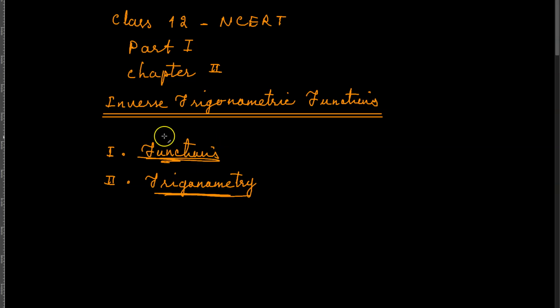Now, if you don't have a good understanding of functions, I showed you the playlist on YouTube. You can go there and watch those videos. You have no problem there. If it is necessary for me right now to create some videos of trigonometry, I will do that, and then you will have access to those videos as well, and we are good to go. So these are the two things that you need to understand.